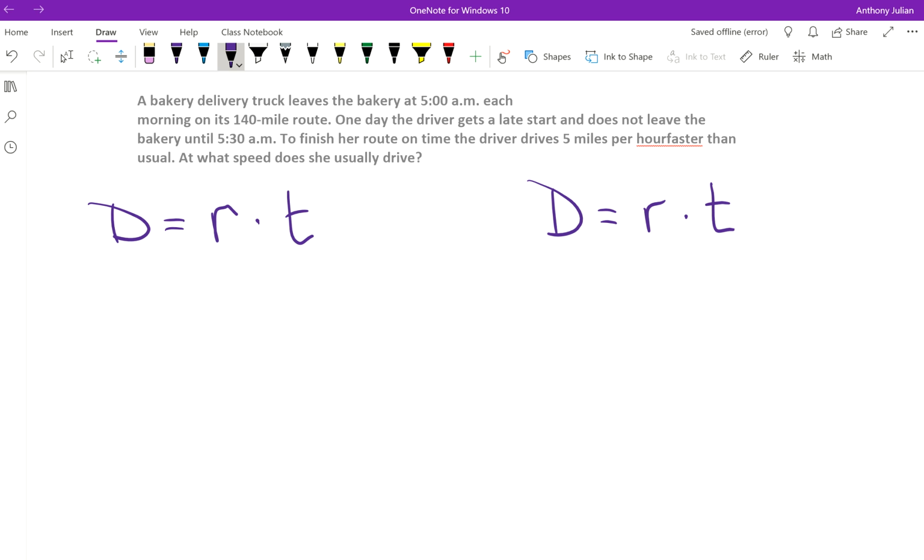We're going to compare the two, and we have the delivery truck leaves the bakery at 5 a.m. each morning. So she goes 140 miles, and at a rate which isn't given, times the time. Okay, that's all we have for that one, and that's if she's on time.